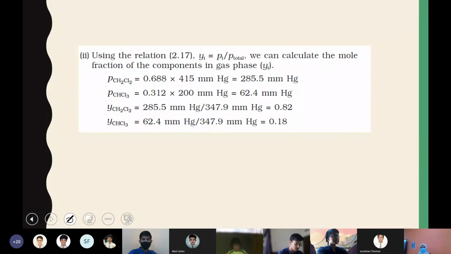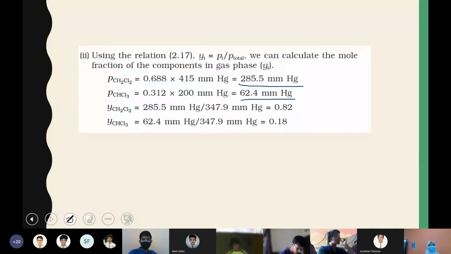And let me know whether you're getting this answer after solving. The partial vapor pressure of dichloromethane, you will get as 285.5 millimeter mercury, and the partial vapor pressure of chloroform, you will get as 62.4. Use these two values to calculate Y1 and Y2.